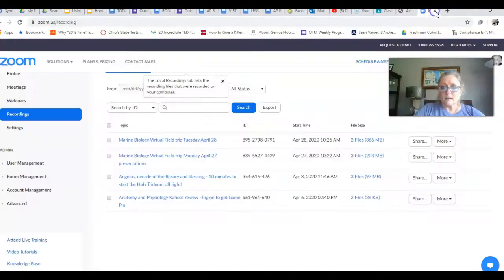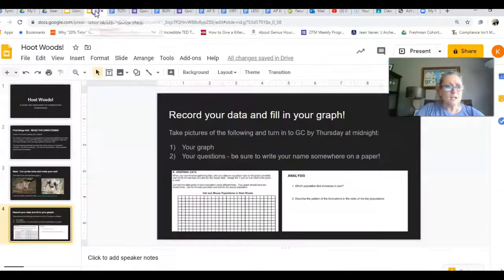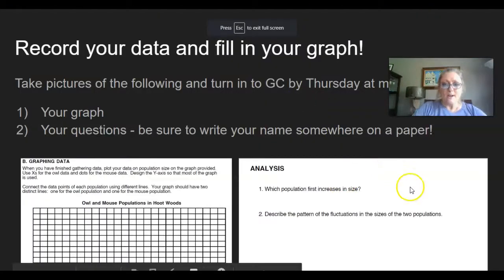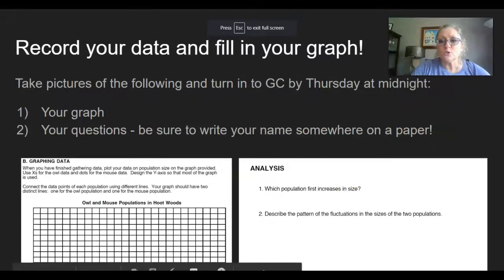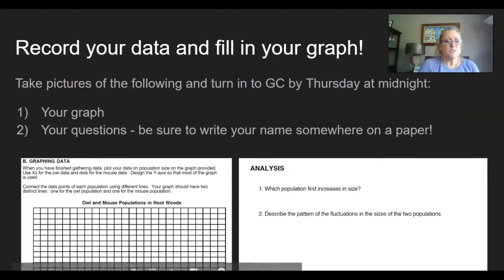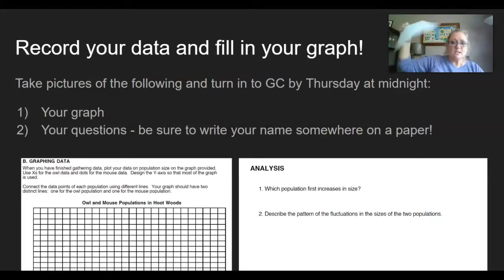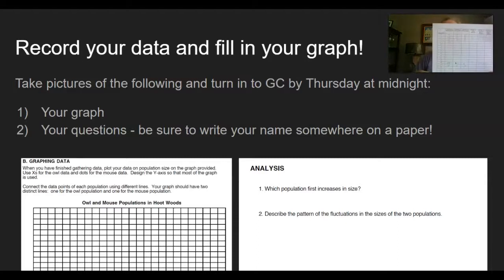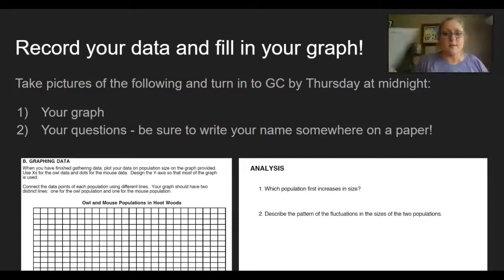All right, let's get out of that and back to our presentation. All right, what are you going to do with your data? So you filled in your data table, right? And you need to then graph your results. So hopefully you have a whole bunch of information here.